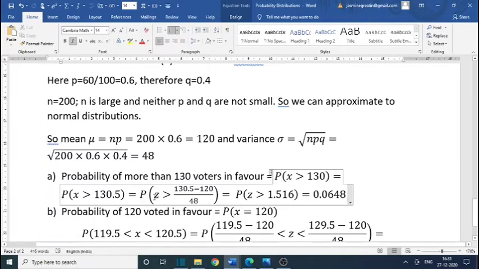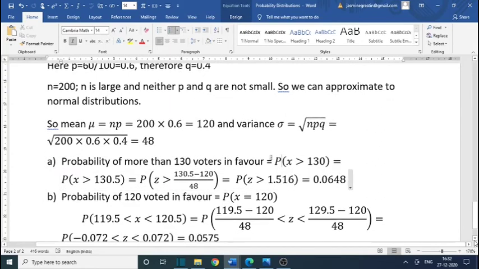So which is equal to probability of z greater than, when we convert to standard normal distribution, we have the substitution x minus mu by sigma. So mu is equal to 120 here. 130.5 minus 120 by 48, that is probability of z greater than 1.516. So this we can find from the standard normal table. So the answer is 0.0648.